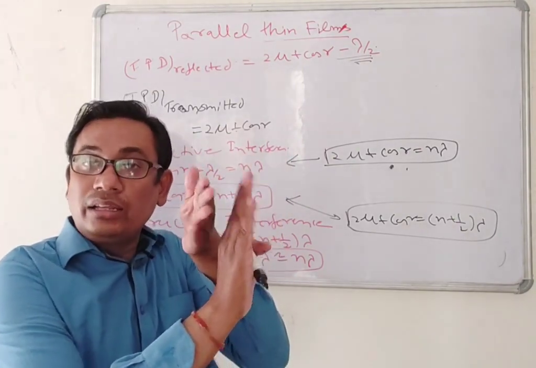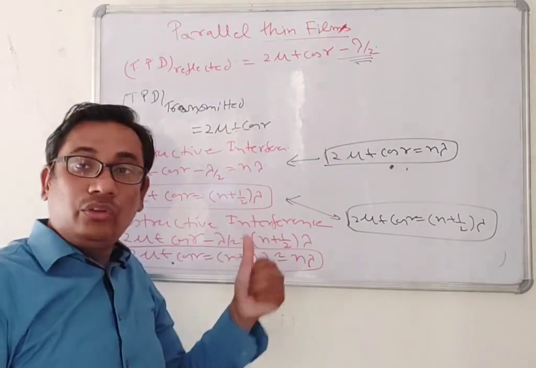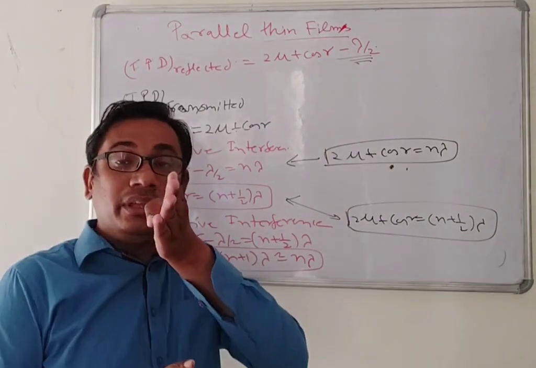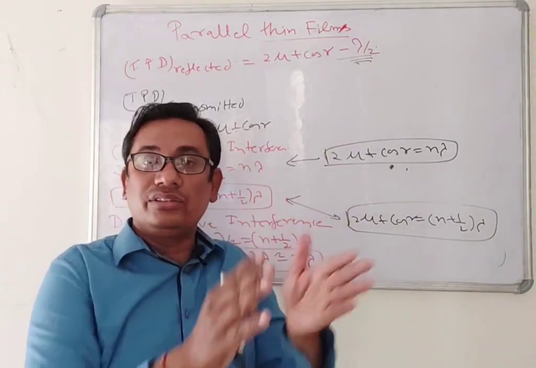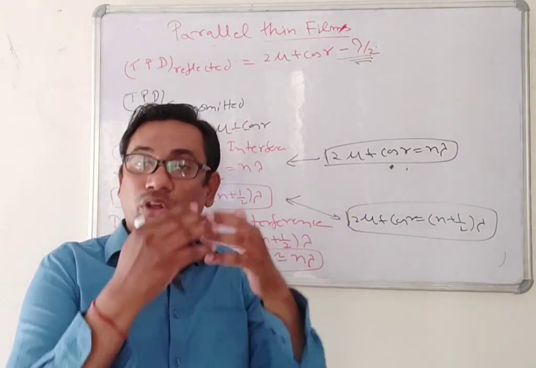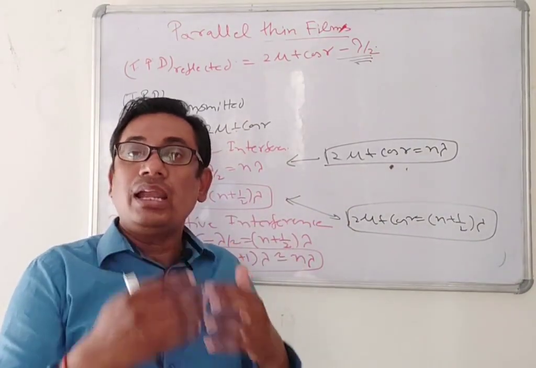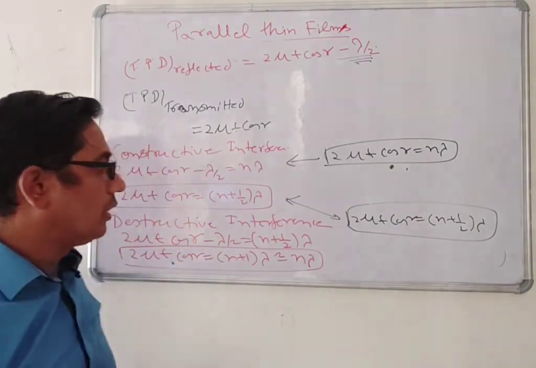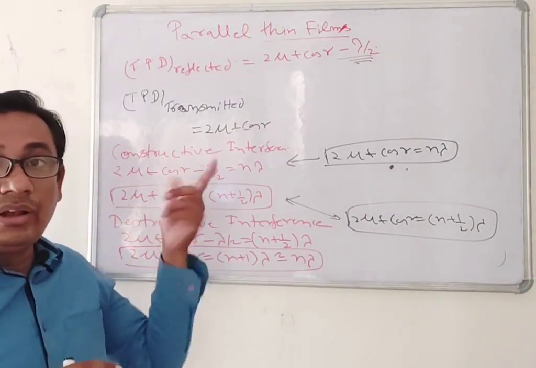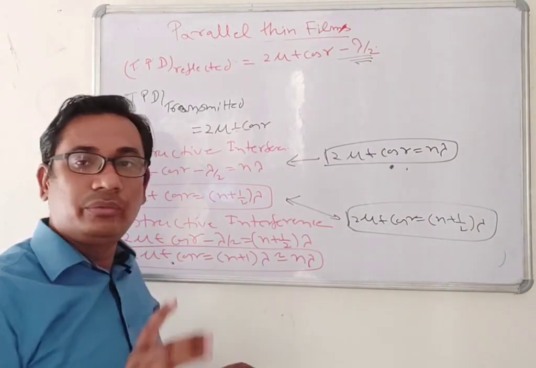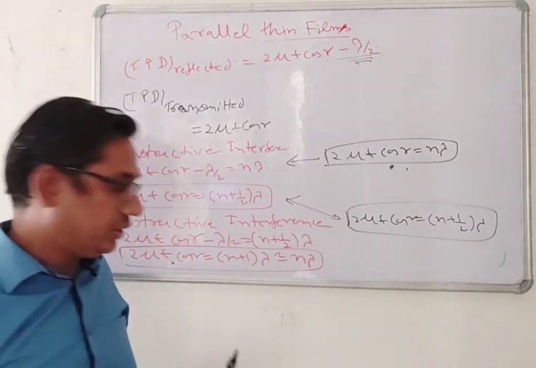In the case of the reflected light, when you use transmitted light, the first one will be dark, the second one will be bright. They will be interchanged, because the fringes will be shifted by lambda by 2. It is a very important term. You cannot forget the lambda by 2 phase change, which we have already discussed in a previous lecture.